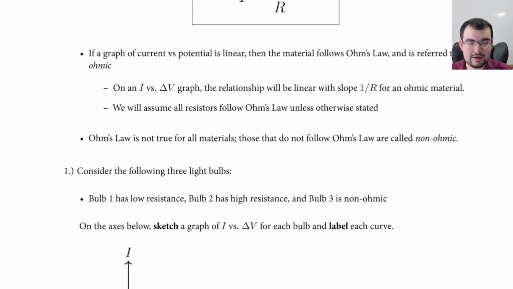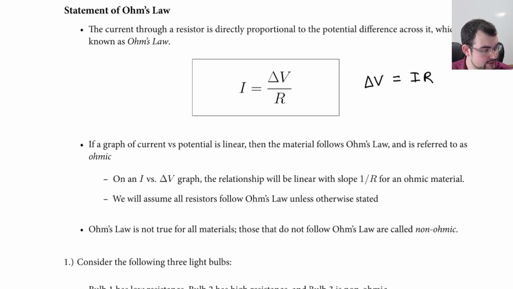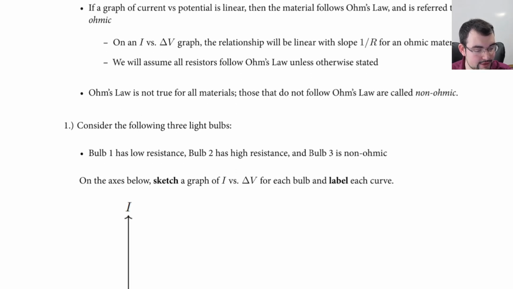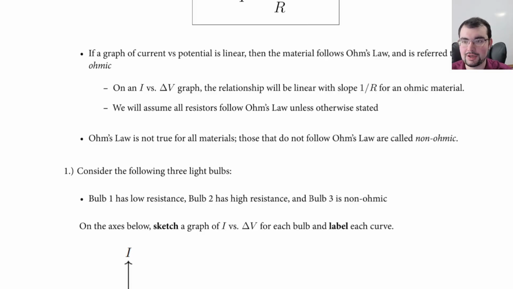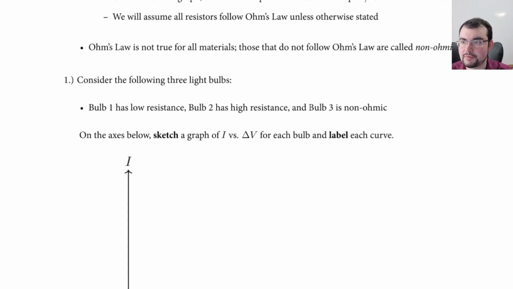So if we get a linear relationship out of current and potential difference, then the material follows Ohm's law, and we call it ohmic. And if we graph this, notice we get y equals 1 over R times delta V. So we'd get a linear relationship with slope not R, but 1 over R. If you graph the other version, you get a slope of R, which is going to be more convenient.